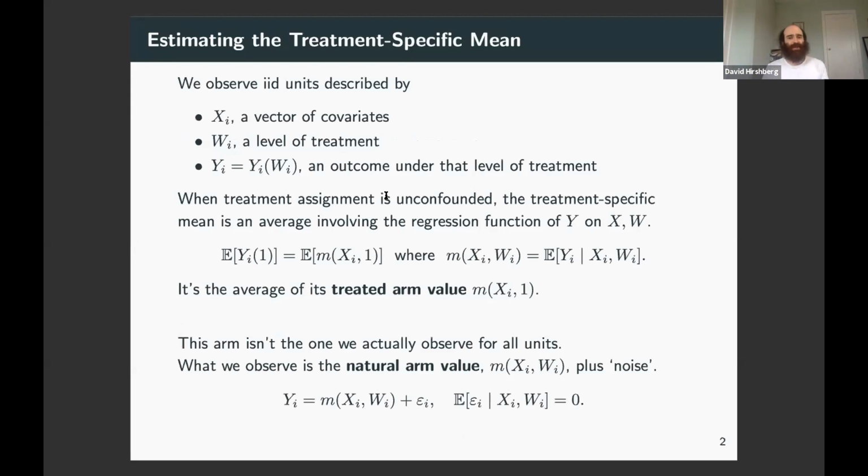When treatment assignment is unconfounded, the treatment mean is just an average involving the regression of Y on W, which we'll call m of x and w. In particular, it's the average of the treated arm value. m of x is the natural value of the covariate with the treatment set to the treated arm, which is 1.